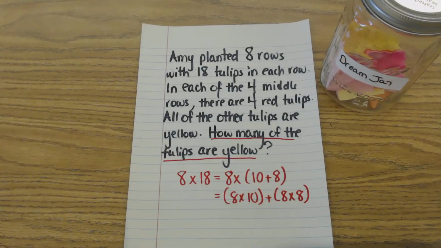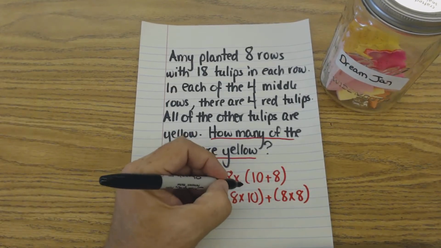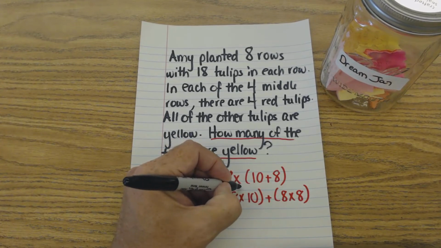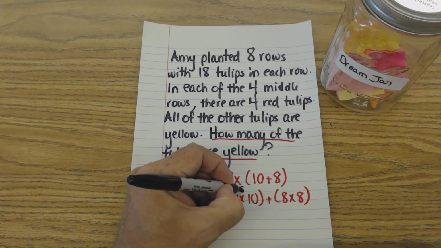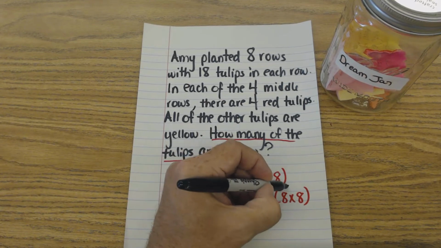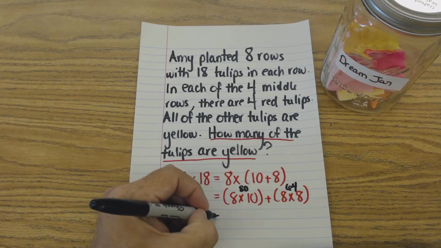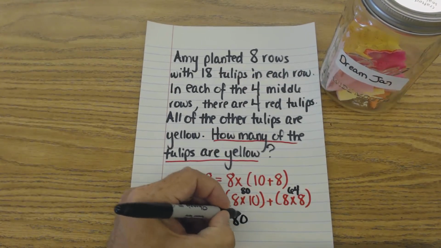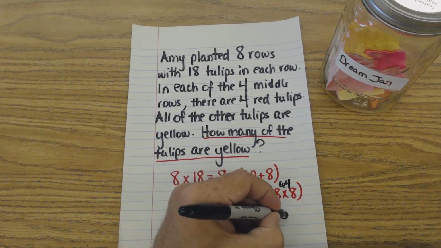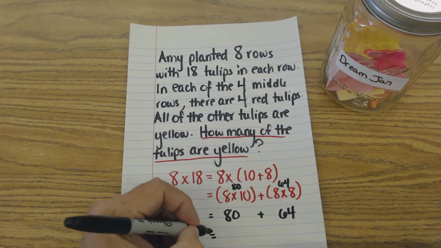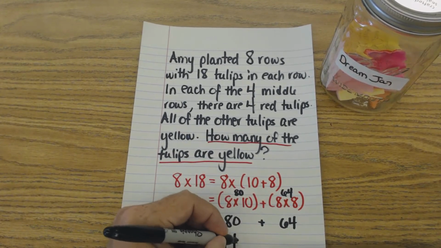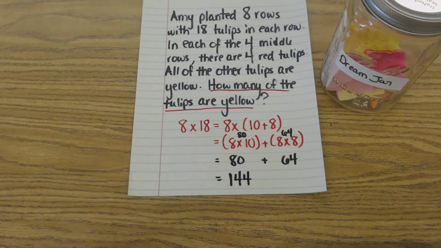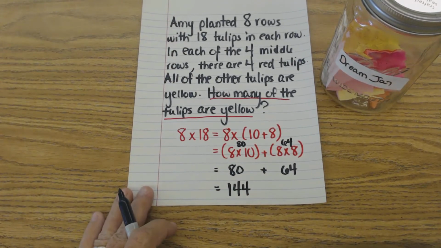And using our basic multiplication facts, 8 times 10 is 80, and 8 times 8 is 64. So now we have 80 plus 64, and that comes out to 144. That is how many tulips there are altogether.